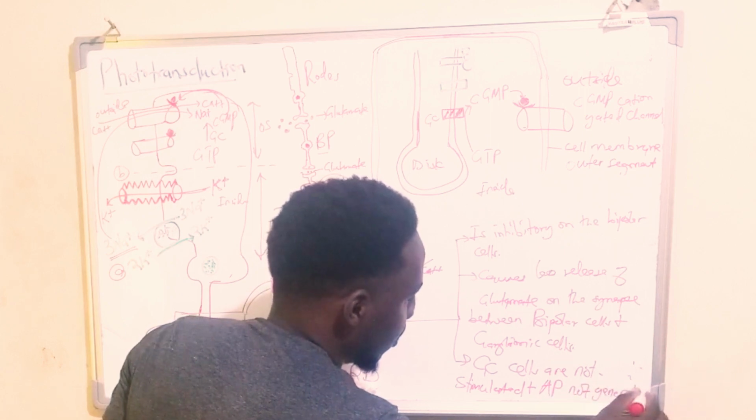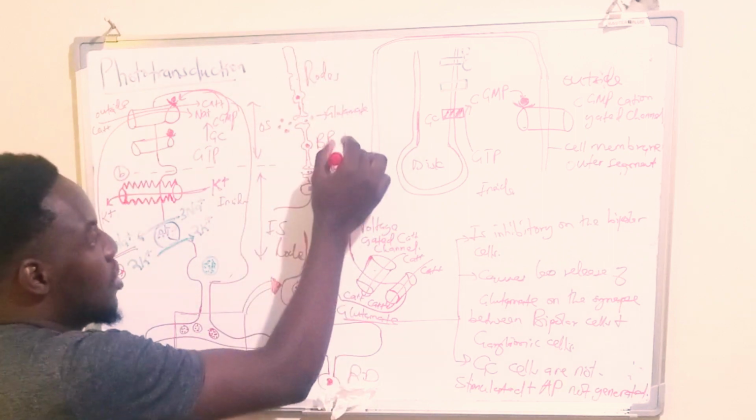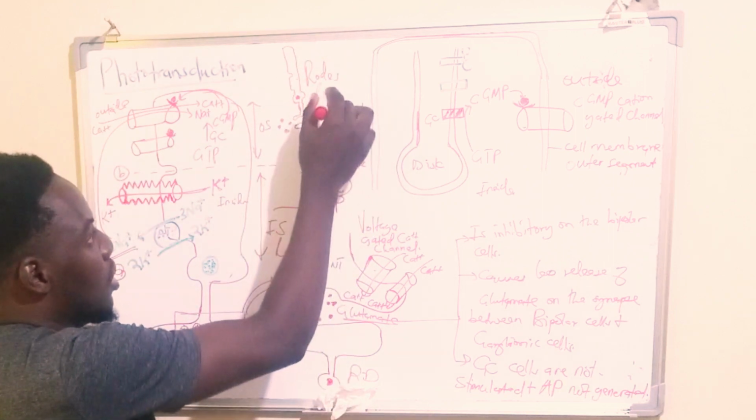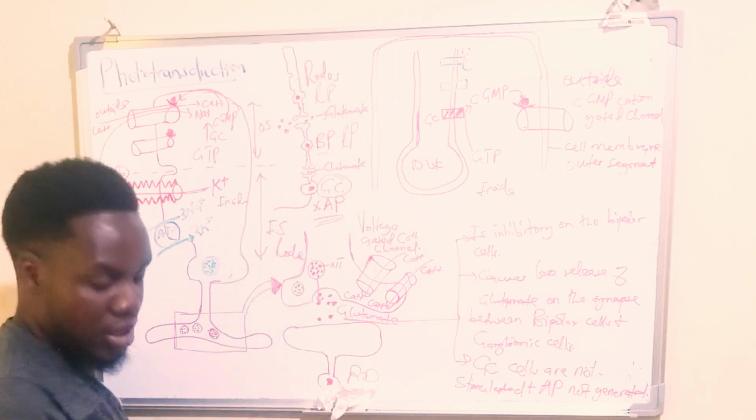Remember, in rods and bipolar cells you have receptor potentials, but in the ganglionic cells, action potentials are generated.